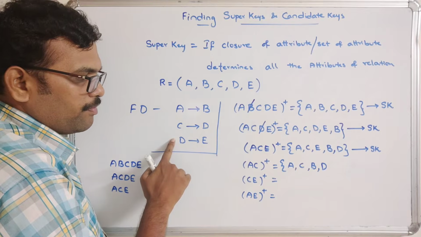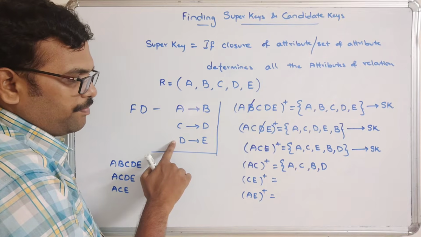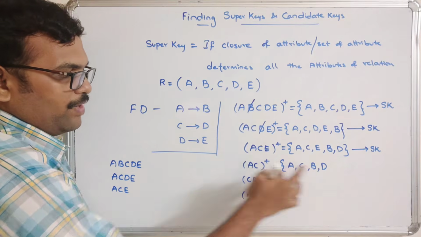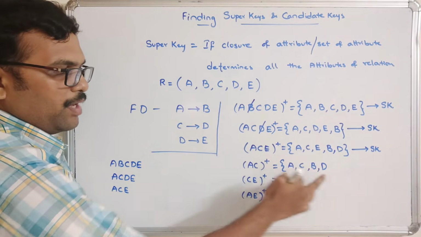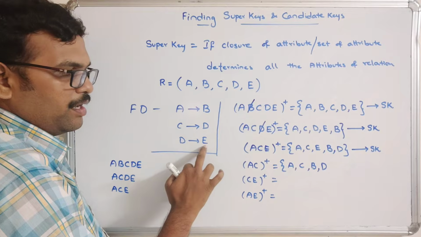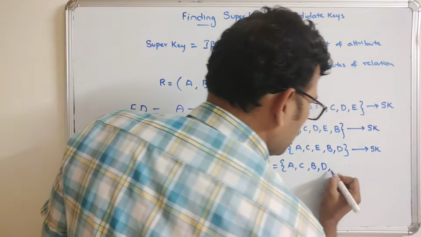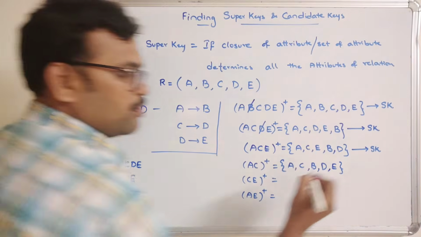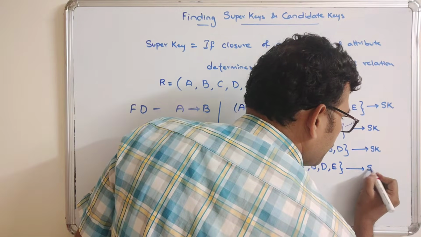So among that, what can we get? We have D, so we can get E. So this is also a super key.